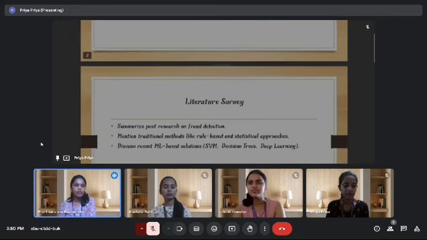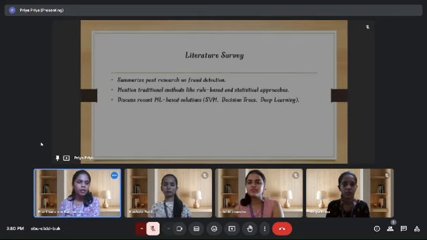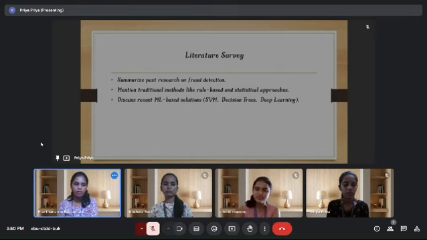Next, literature. Traditional methods: rule-based detection with predefined fraud rules, and statistical methods like outlier detection and probability-based models. Challenges: high false positives, static rules and manual intervention.